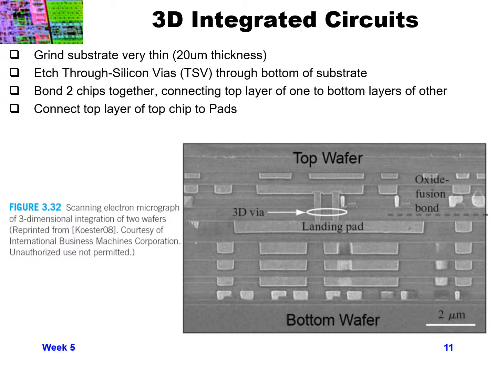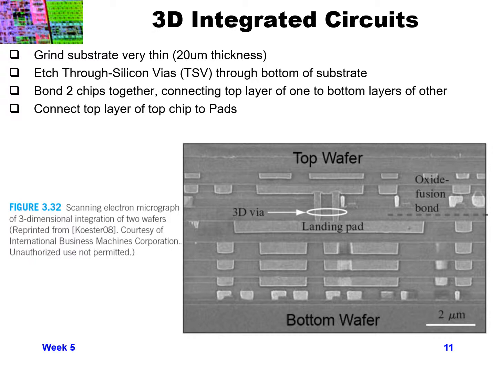And the figure below shows that. You can see the area that's circled in the middle where they have the 3D via. In effect, those two vias are burrowing through the bottom of the quote-unquote top wafer in order to make connections from the circuits in one chip to the top layer landing pad of circuits in the bottom wafer, or bottom chip.